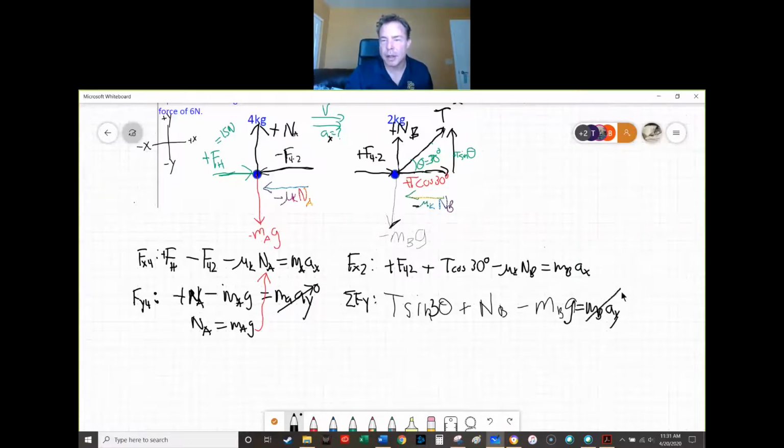And again, this is 0. And the whole point of doing this y direction stuff is to get the normal force. And in this case, it would be mBg minus T sine of 30 degrees, right?